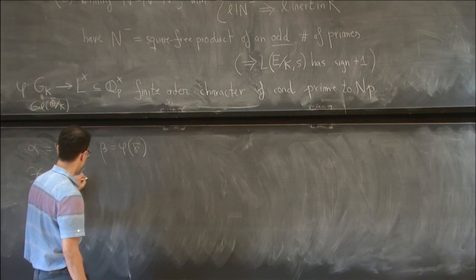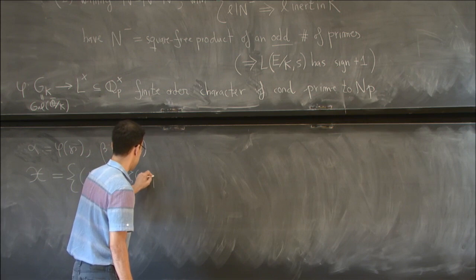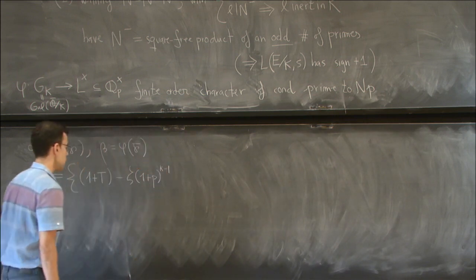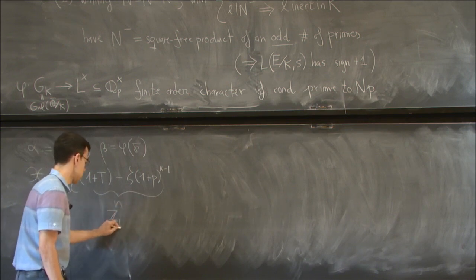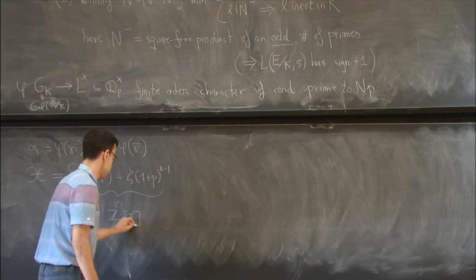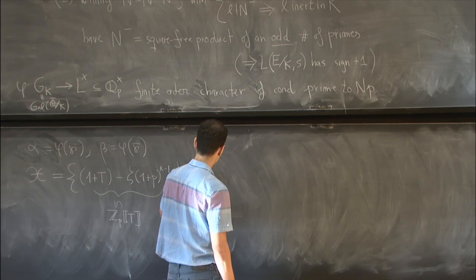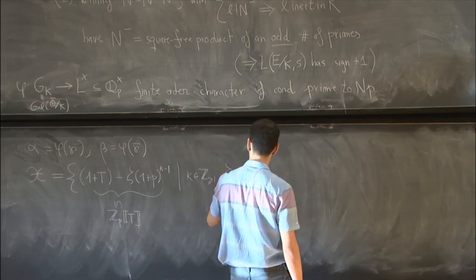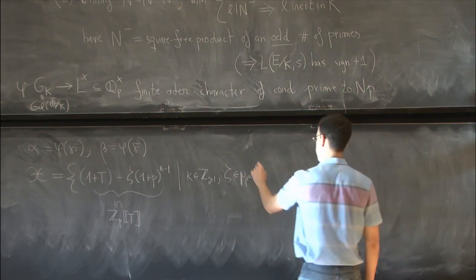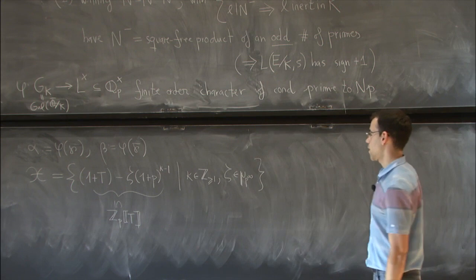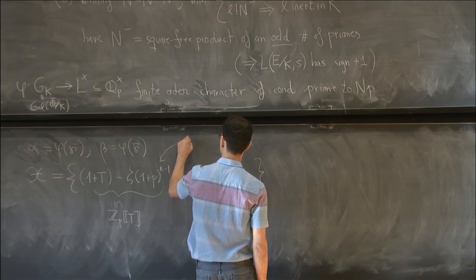These will be certain height 1 primes in the one variable power series ring over Z_p, where k runs over integers at least 1 and zeta over p-power roots of unity. When I have such a height 1 prime, the integer k is by definition what we're going to call the weight.